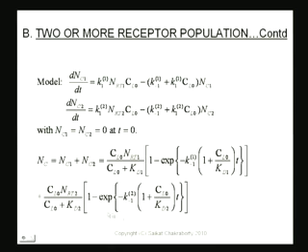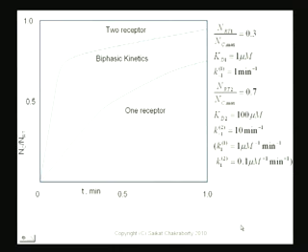The way would be to look at the slopes, and we will do that in the next few minutes. So, look at the slopes and see if there are differences in the slopes, and what you will find is that if one of those dissociation constants is 10 times the other, then there are differences in the slopes.